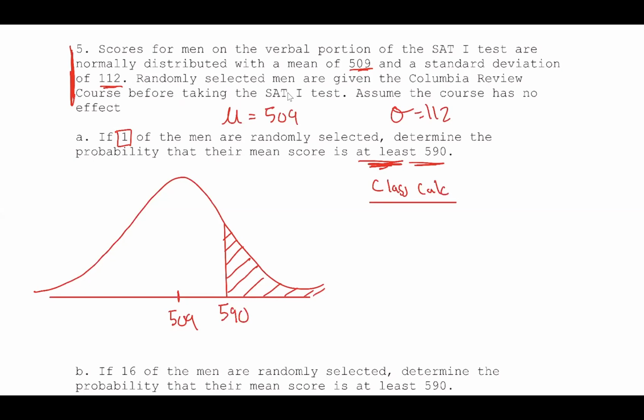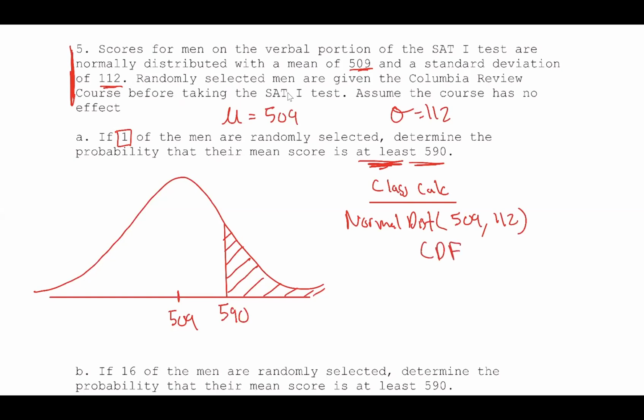So in ClassCalc, you do normal distribution, we'll do mean of 509, you do standard deviation of 112. Then since you're trying to find the probability, you have to make sure to do CDF.